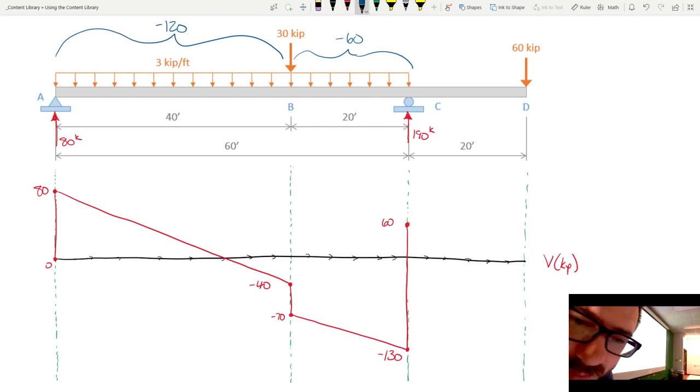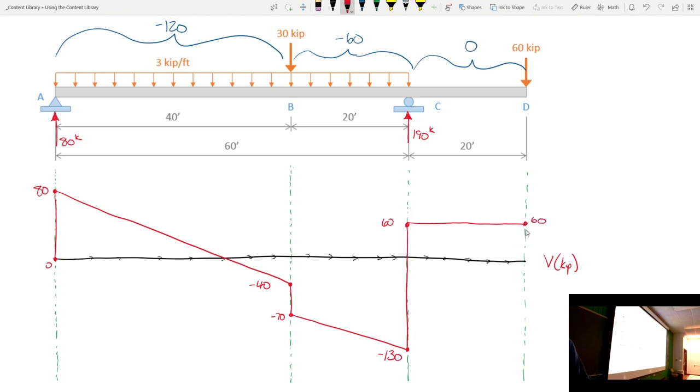All right, what happens in this region? How much load is between that region? Nothing, right? No load means no change in shear. I'm at 60. Drop back down to 0. Start at 0 and end at 0. That is your shear diagram.